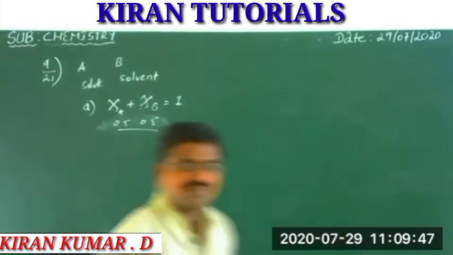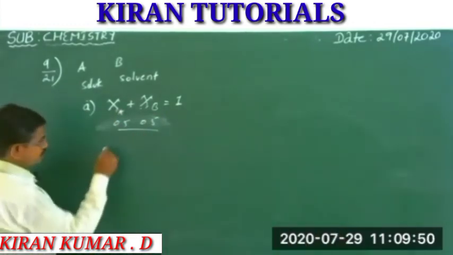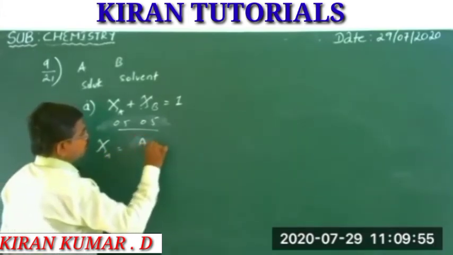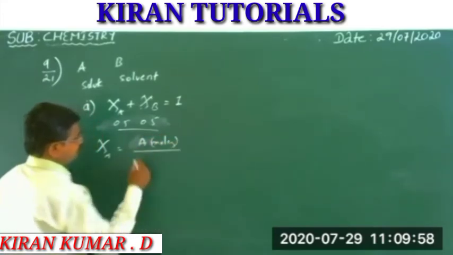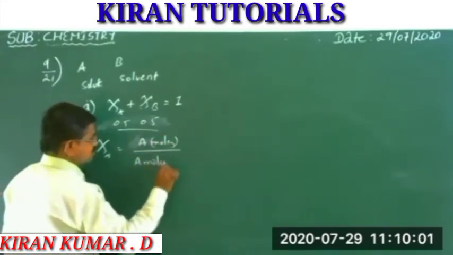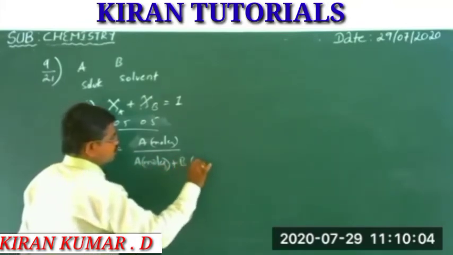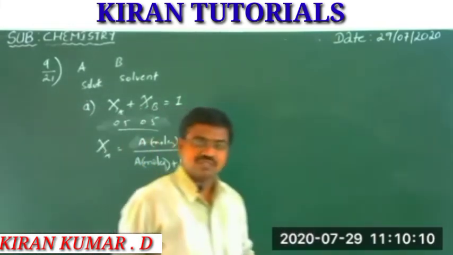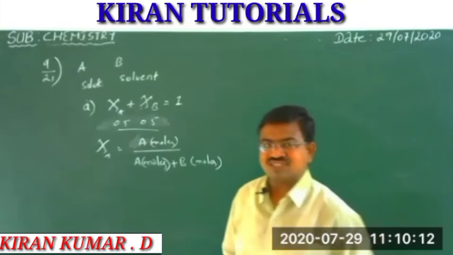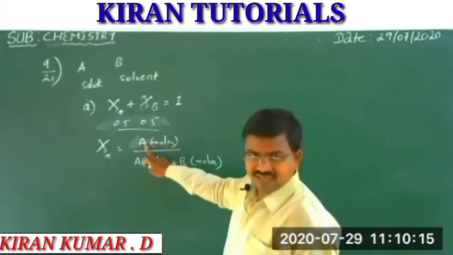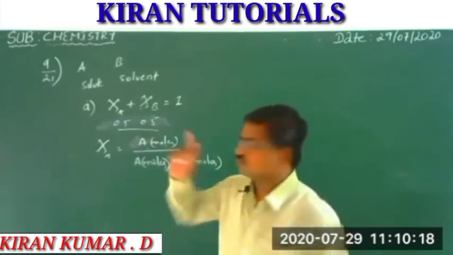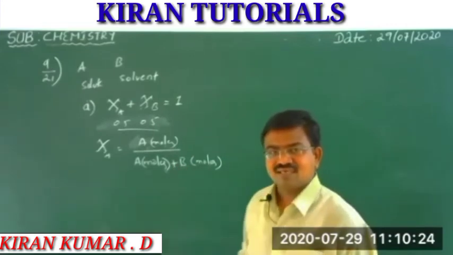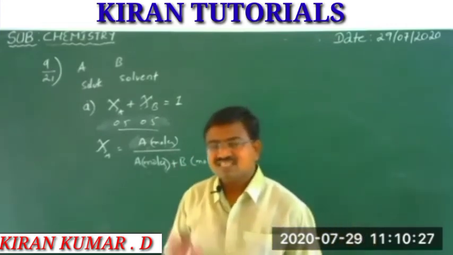Then how can you calculate, what is the formula? If one calculates mole fraction of A, mole fraction of A is equal to moles present in A by moles present in A plus moles present in B. That is the formula. If you want to calculate B mole fraction, moles present in B by moles present in A plus moles present in B. Because what is the mole fraction?